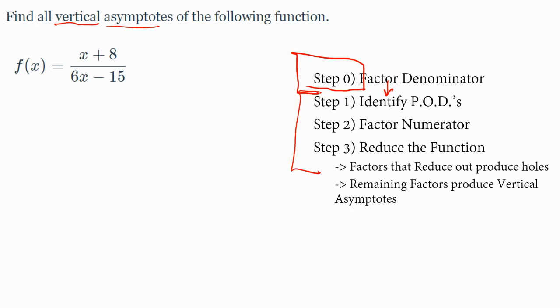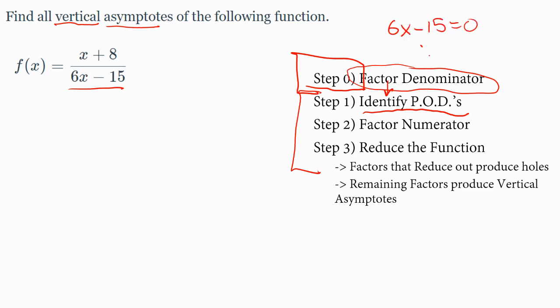So to do these problems, our job is to identify points of discontinuity and then classify them between holes or vertical asymptotes. So we're going to see what causes each to happen. Now, the process has to go through factoring the denominator because without factoring, we could identify the point of discontinuity by saying, what causes 6x minus 15 to be equal to 0?